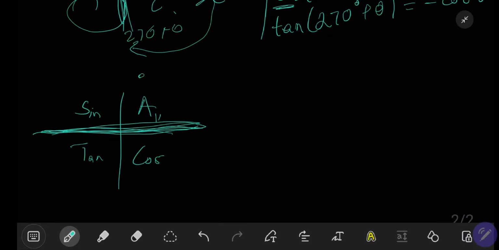So if you use 90 degrees minus theta or 90 degrees plus theta, you should not forget about what we call our co-ratios. It's very important.